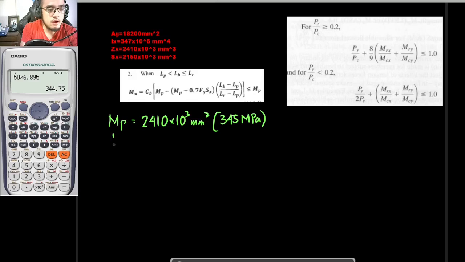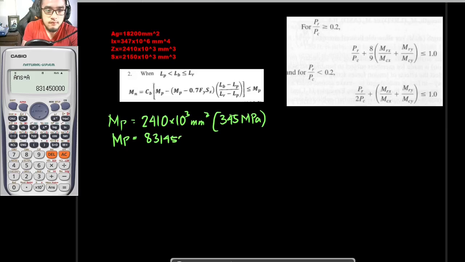And from that, our plastic moment would now be equal to 2410 times 10 raised to 3 times 345. So that is to be equal to 83145,000. So I would just be storing it once again to A.